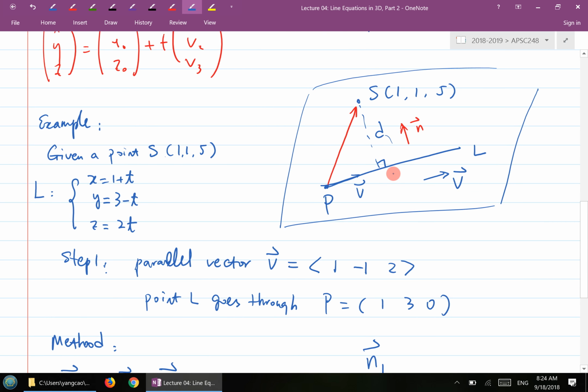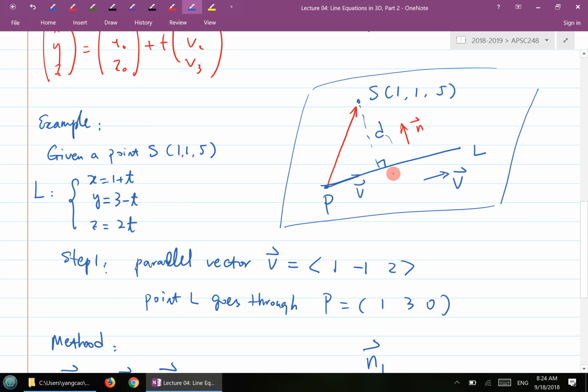If you have a vector N pointing out of the plane, and then you have a parallel vector V, which is of course perpendicular to the N that you just calculated, and then you do another cross product between this N1 and the V. Guess what direction the resulting cross product is pointing to?